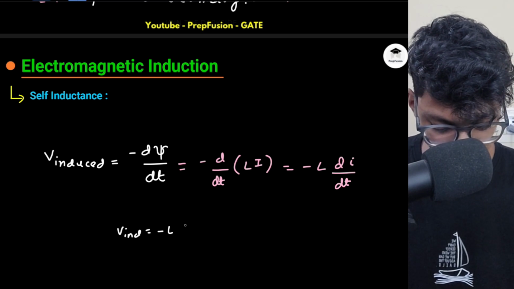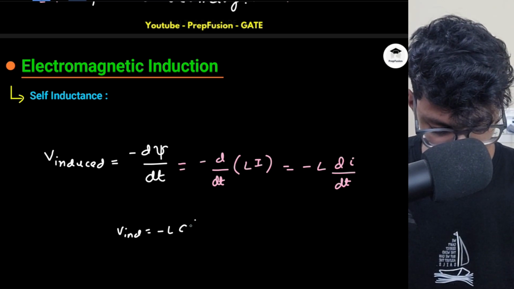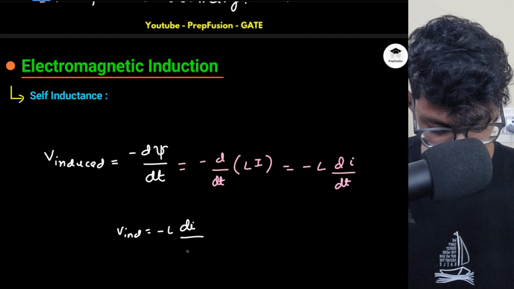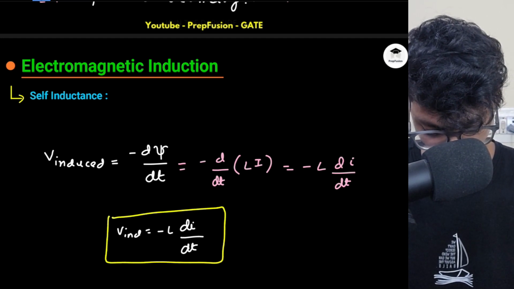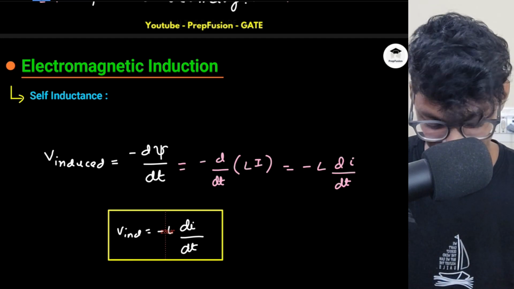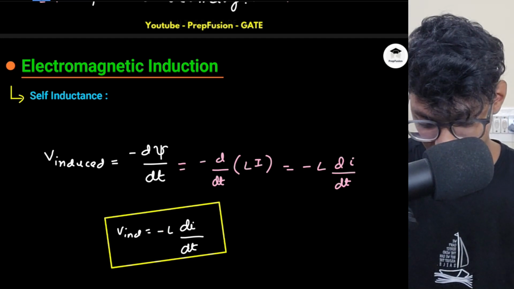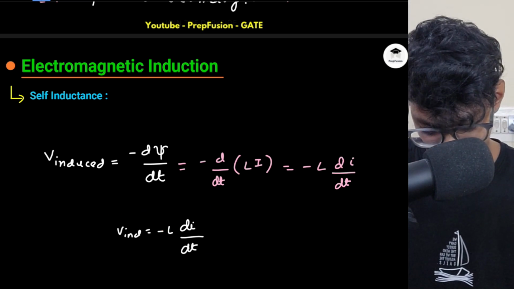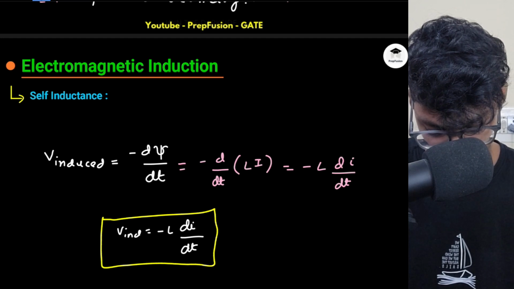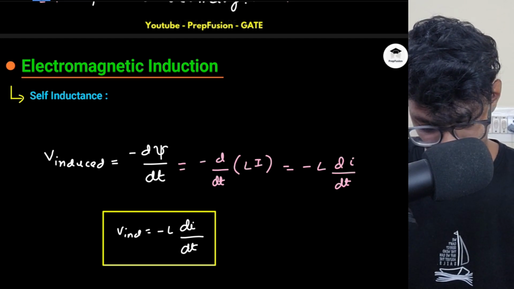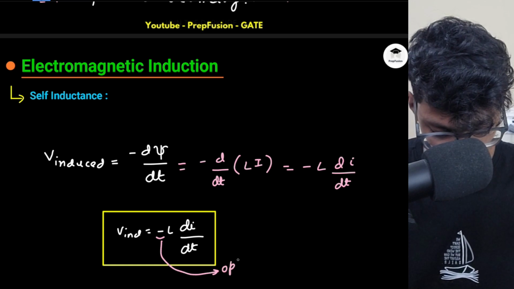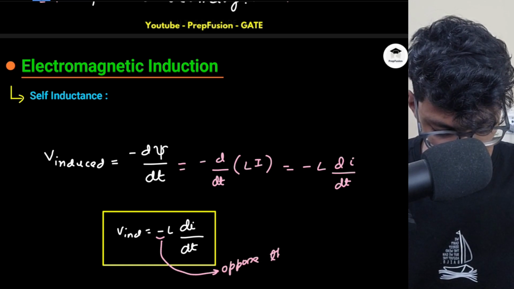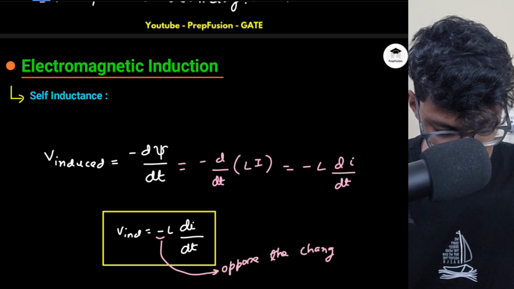Why is the sign negative? It will try to oppose the change. This negative sign signifies the opposition to the change. This formula you already know, since we are studying electrical engineering. So this negative sign means oppose the change.